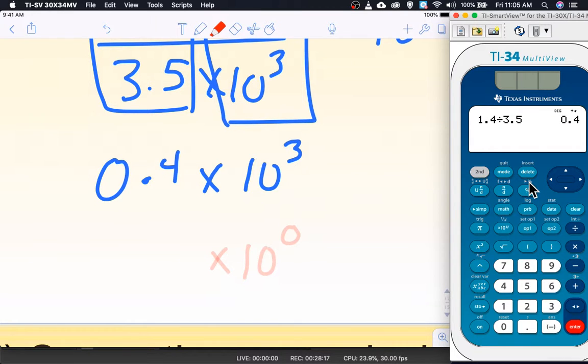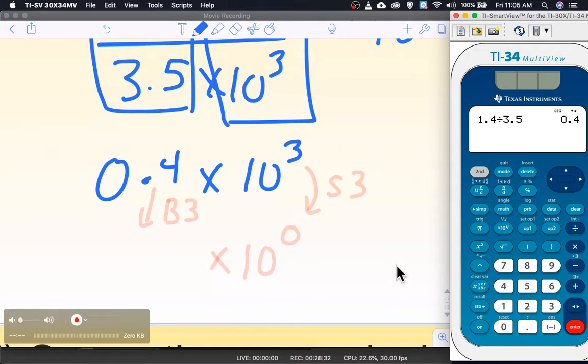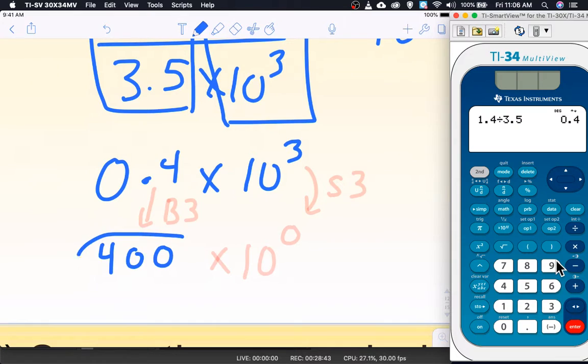We want no power of 10s left. So to make that happen, my power of 10 is going to get smaller by 3, so my exponent gets bigger by 3. And when we do that, I move my decimal 1, 2, 3 places. We get the number 400.